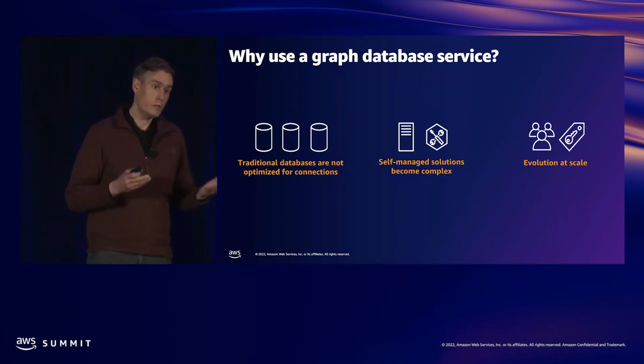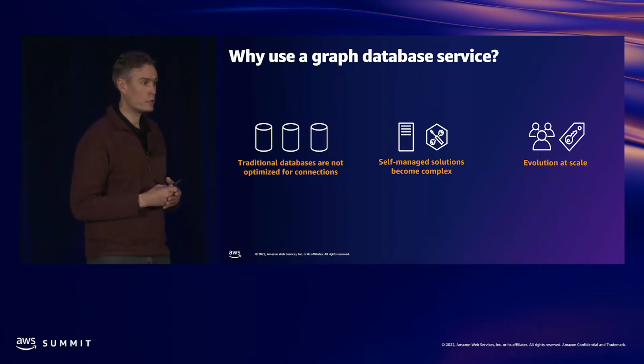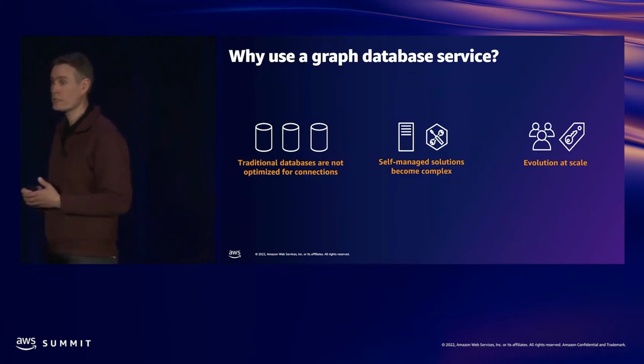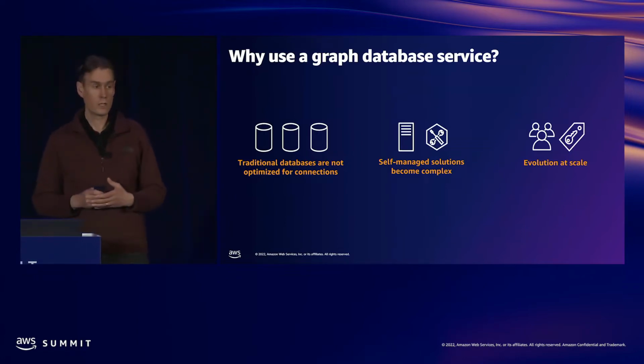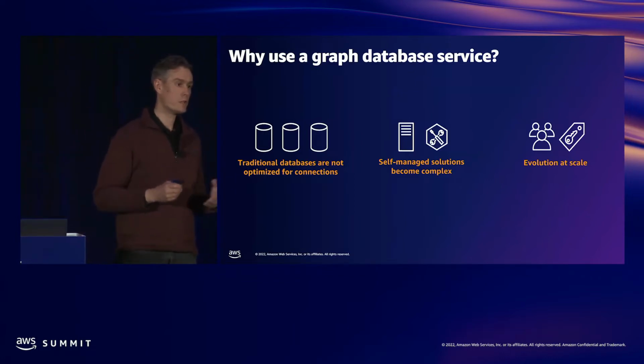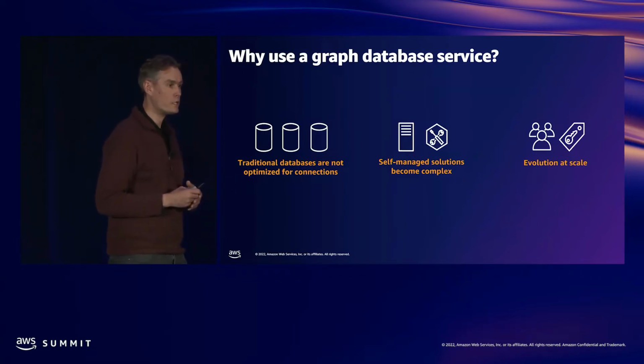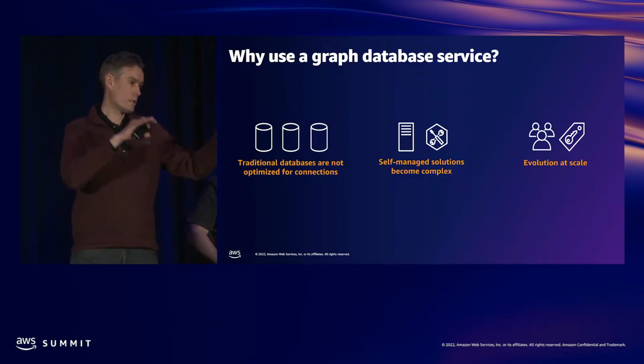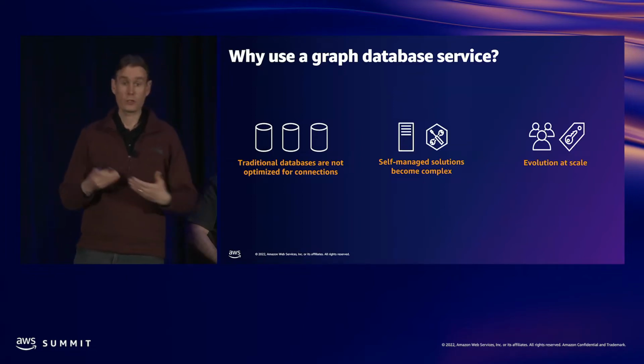So why would you use a graph database service to store a security graph? You certainly could use a relational database or a key value store, but you find there's a couple of different challenges. The kinds of questions that you want to ask, why is this device connected to this device? What are the vulnerabilities on there? Are effectively traversals.